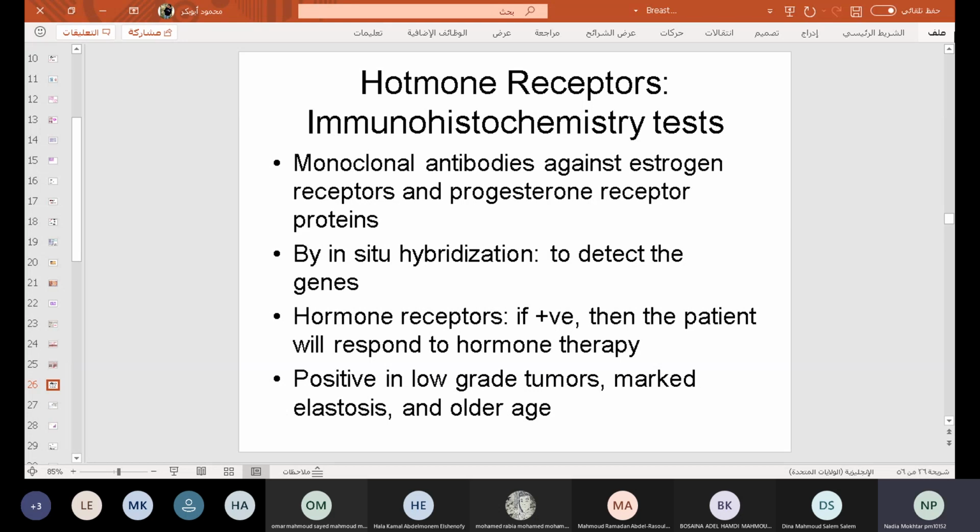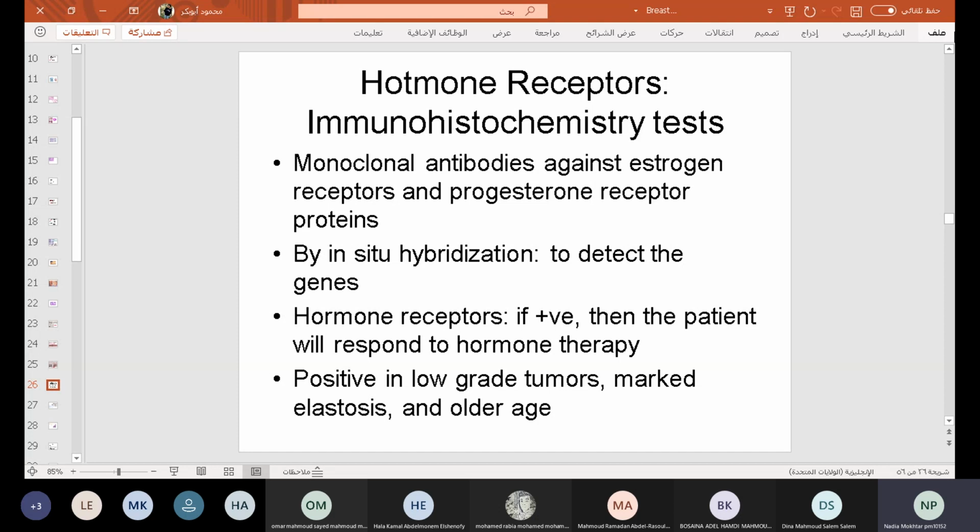If the tumor is not estrogen responsive, it lost the receptors, therefore it will be estrogen negative. So we cannot give that patient anti-estrogen therapy. She will only get chemotherapy.